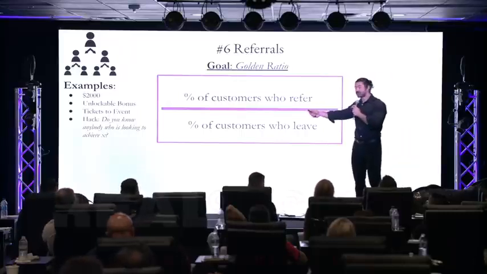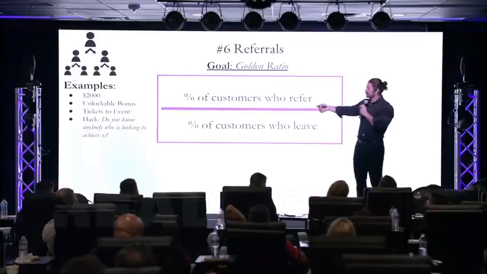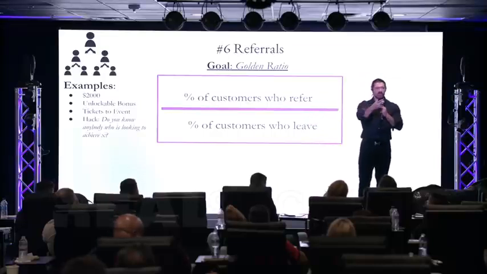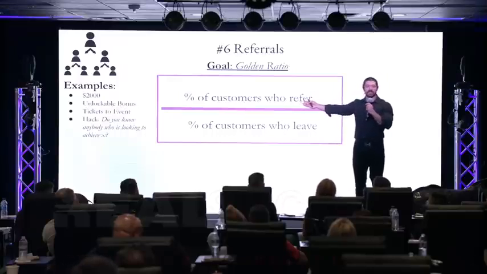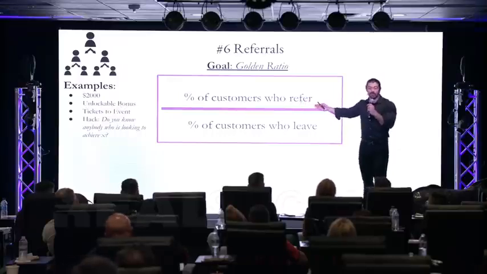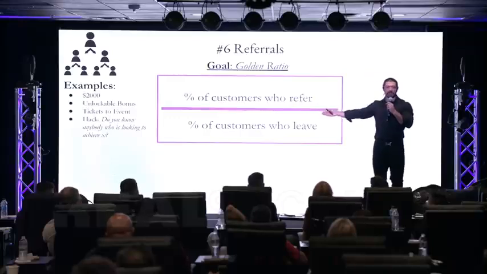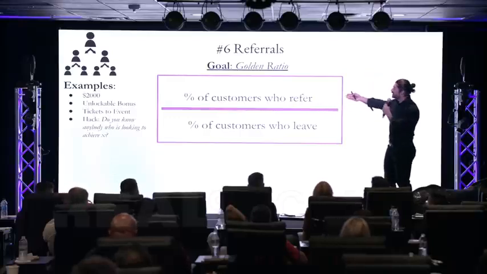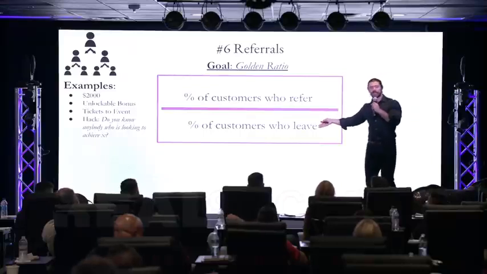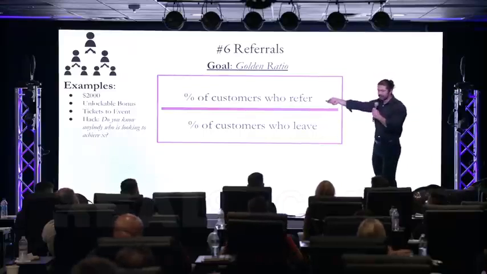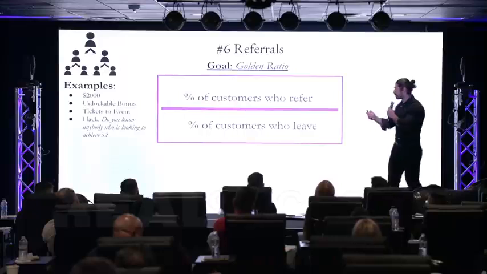But especially if it's something that gives status, then they're like, what, those guys got those fancy bands? It's like, oh, those are just for people who send us other clients who don't hate their friends. You hate your friends because you haven't sent us anyone. I don't know why you hate your friends so much, right? And so when you do that, it's a classy way of paying someone without having to pay them cash. Tickets to events, all of those types of things work really well for referrals.